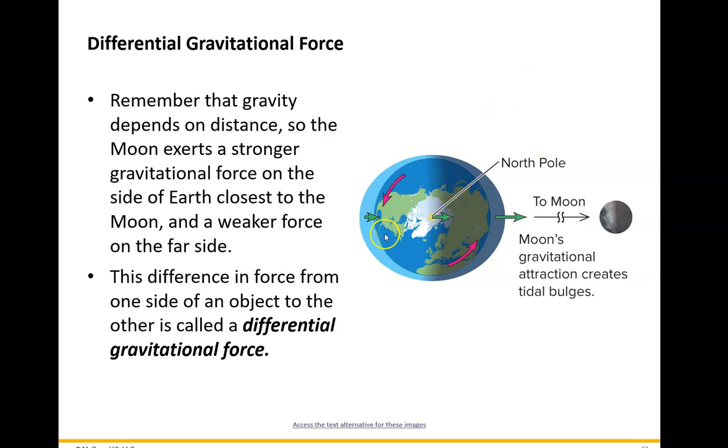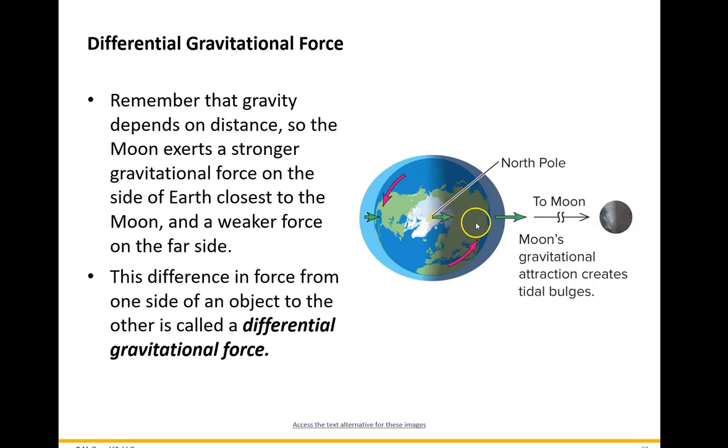And the water will pile up, and the reason it's doing that is inertia, because it's moving fast enough, and it piles up exactly opposite the direction of the moon. So this is a high tide, right? This is a low.